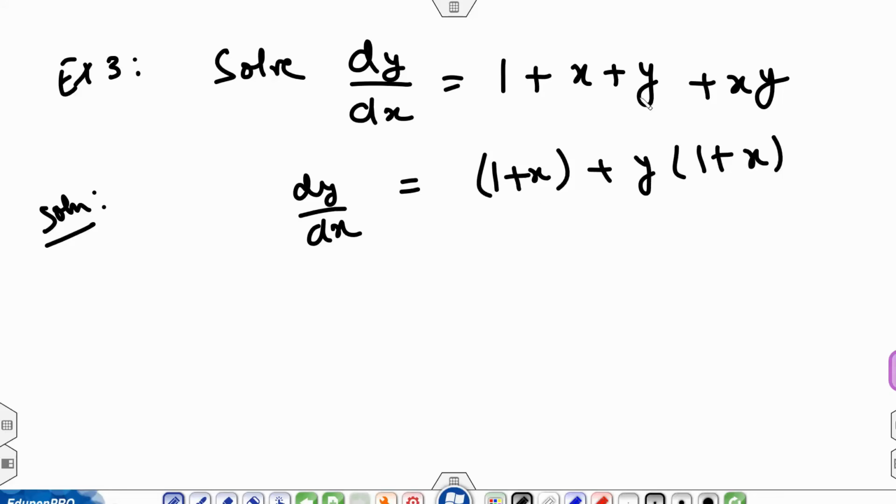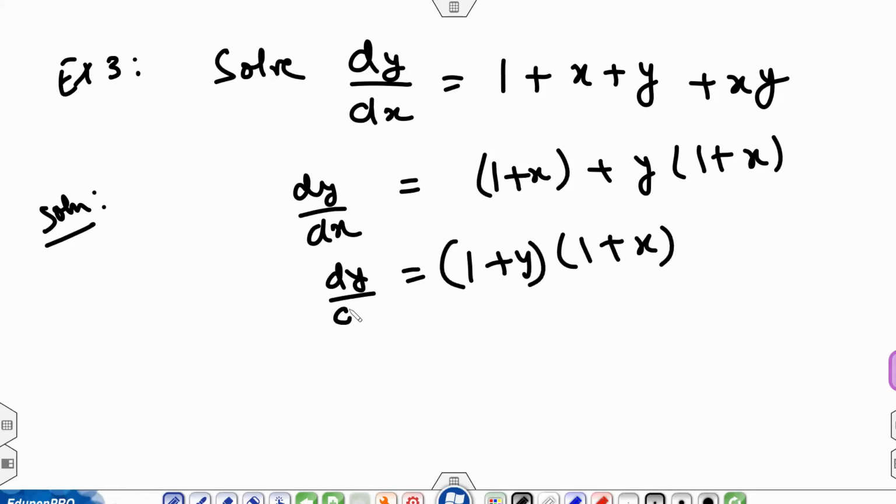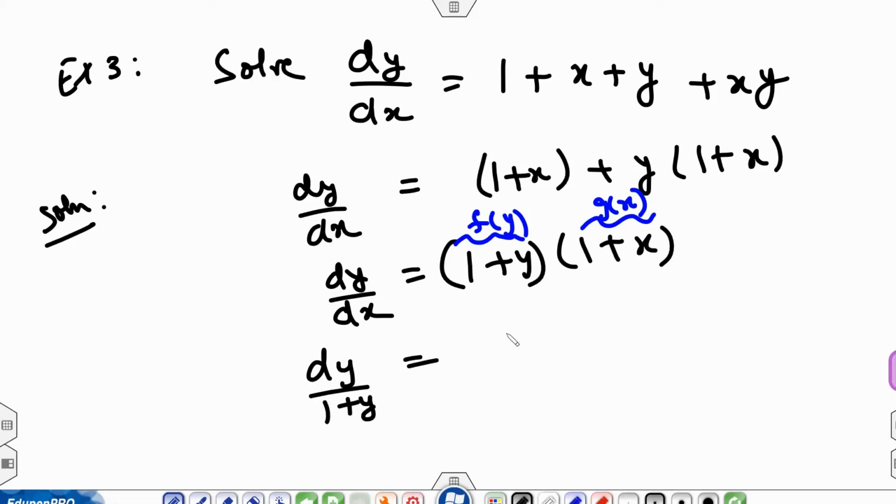I took y common from here, and then I can write this differential equation as this. Now you can easily see that this is my function of y and this is my function of x. So I'll take dy and a function of y on one side and a function of x on the other, that is, you can write this as dy/(1 plus y) is equal to (1 plus x) dx.